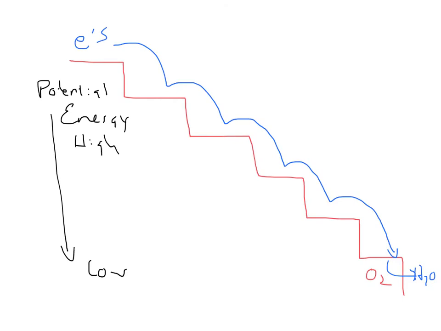So let's put nitrate and sulfate on here, maybe the nitrate is here and the sulfate is here. What happens is the electrons don't get to fall as far, so they don't lose as much when they get added to the sulfate to make H2S, for example.